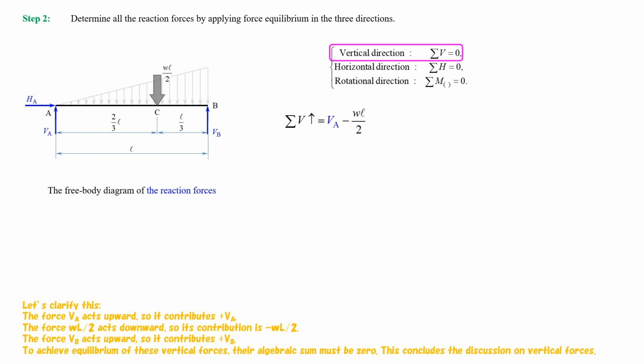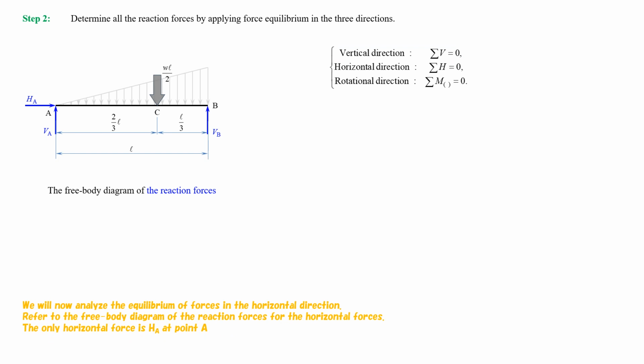The force VB acts upward, so it contributes plus VB. To achieve equilibrium of these vertical forces, the algebraic sum must be 0. This concludes the discussion on vertical forces.